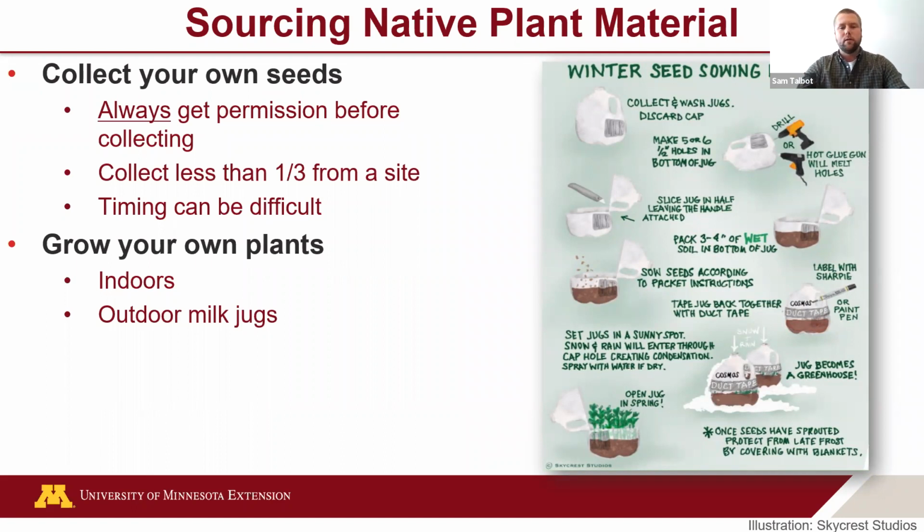And then in the spring, you can transplant into pots or into your site. This is another pretty fun, low resource way of starting your seeds. So there's still time this year.